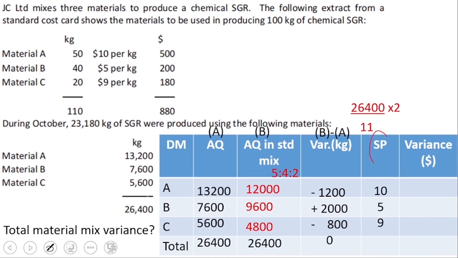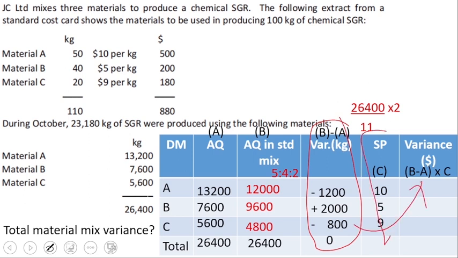Now the standard price we copy from the question. It is 10, 5 and 9, and we will mark that as column C. And finally the variance column is B minus A, that's this column, multiplied by C column. Let's do the calculation.